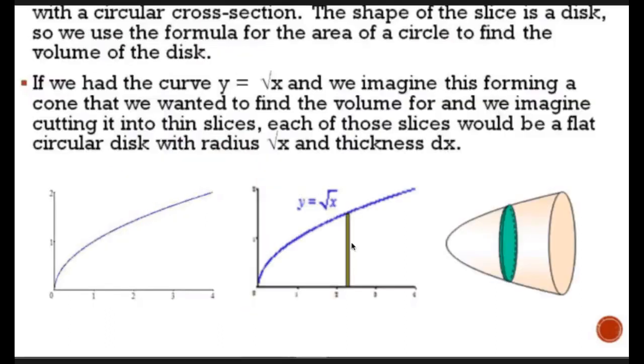Basically what you're doing is you're taking that shape and rotating it around that axis to create a three-dimensional shape. So you start with a curve, you create an area under that curve, and then you're rotating it around whatever axis you're looking at to create a shape.